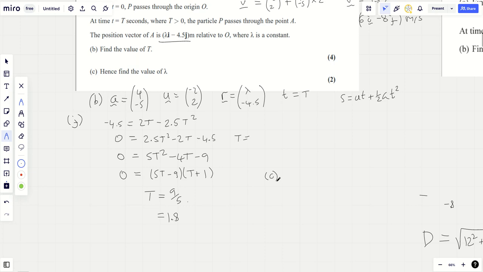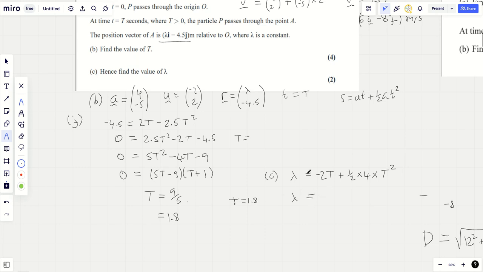Part c, hence find the value of lambda. Well, that's just a case of plugging it back into the top ones now. So I can say lambda equals minus 2t, I'll just write t for the moment, plus a half times 4 times t squared. Yeah, but I'm plugging in t is 1.8, and I'm going to find lambda.